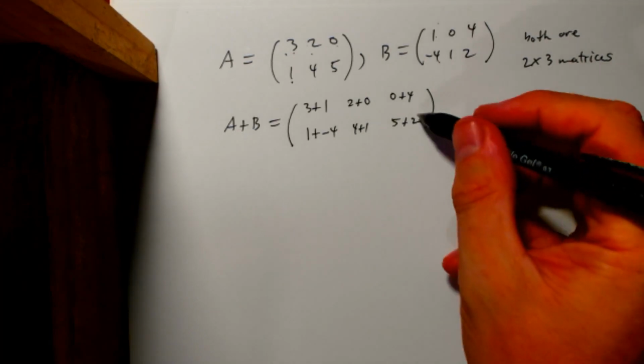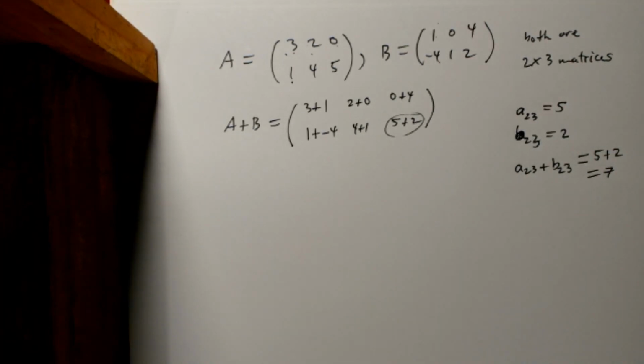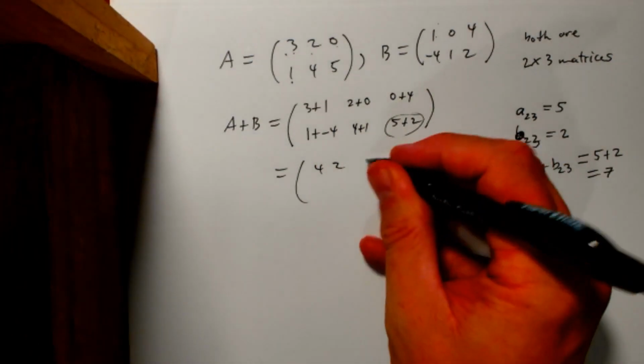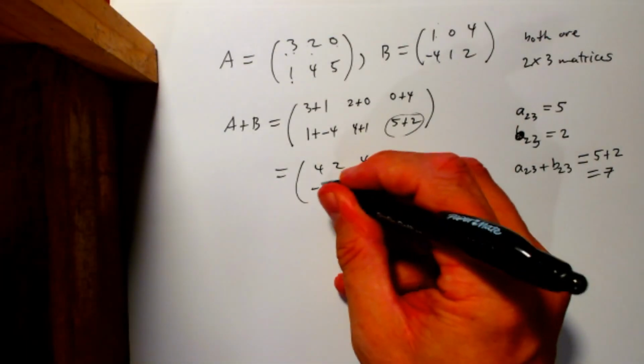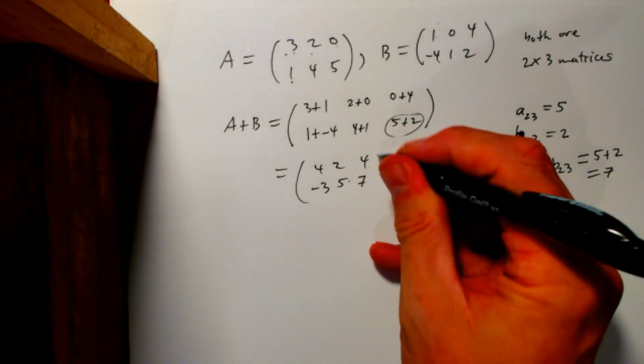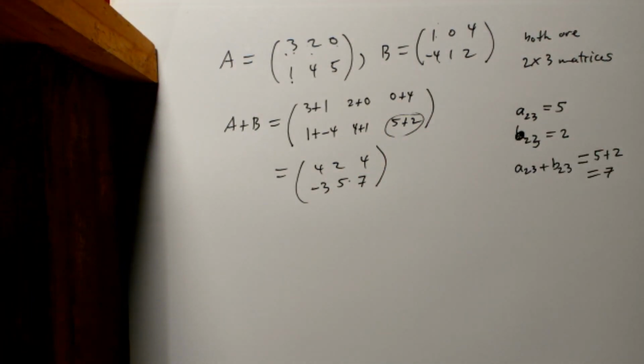I'm just describing what that is. Let's continue: we've got 4, 2, 4, and then minus 3, 5, 7 is the sum of those two matrices. Similarly, you can take the difference.